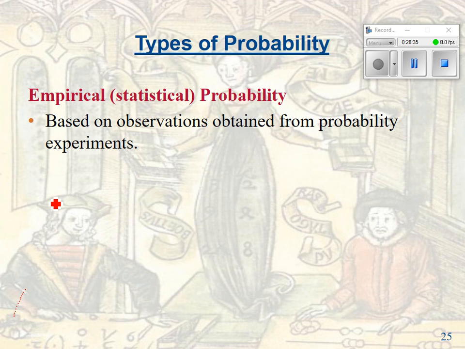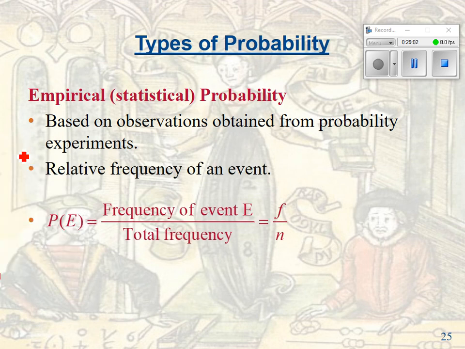Empirical probability, or statistical probability. Empirical probability is more about real life stuff. You're still going to find it basically the same way, still the favorable over the total.